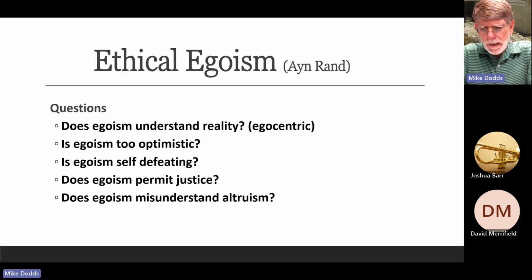Is egoism self-defeating in that if I'm to choose just what benefits myself, and in the process, egoism says it will help others, but is that self-defeating if I have no viewpoint of trying to benefit others? Because ethical egoism, in its extreme, doesn't. There's no community possible.